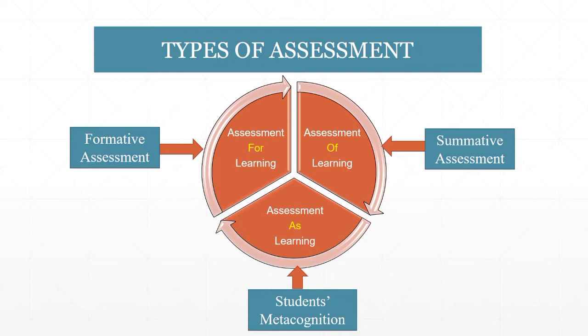We are going to start with summative, which is also known as assessment of learning. The purpose of this kind of assessment is usually summative. It is the total sum of the progress a student has made over a specific period of time.